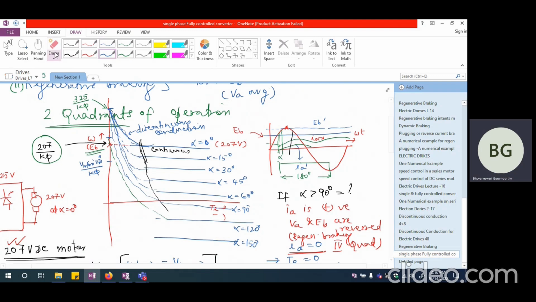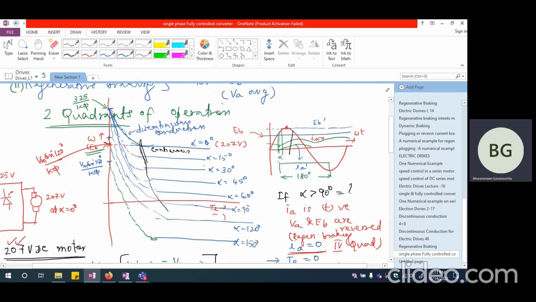Whereas this particular point is going to be Vm sine 120 degrees divided by K5. So I have to join this sine 150 point to this alpha equal to 150 degrees characteristic.